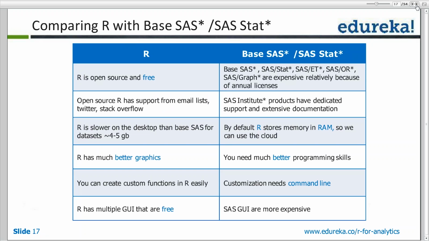Okay. So coming to the comparison of R with another popular statistical package called SAS. Let's examine this. One, R is open source and free, so that's something that we already know.